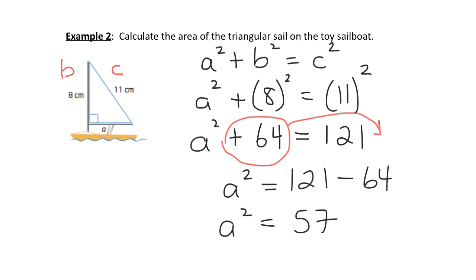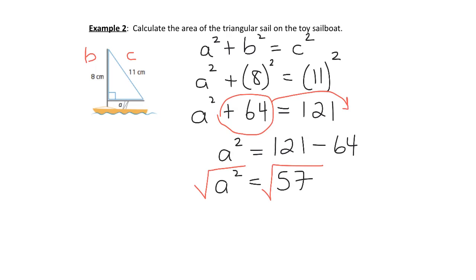And again, remember that we want to solve for a, not a squared. And so in order to get rid of the squared, we need to perform the opposite operation. And the opposite operation of something squared would be to take the square root. And remember that you need to take the square root on both sides of your equation.